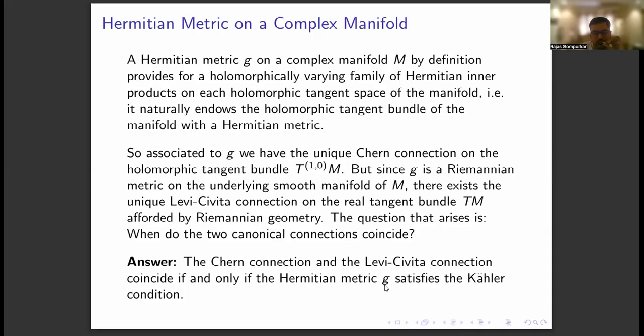That's why the notion of a Kähler metric is important, because this is true only for Kähler metrics. I will now once again go to the definition of Hermitian and Kähler metrics.